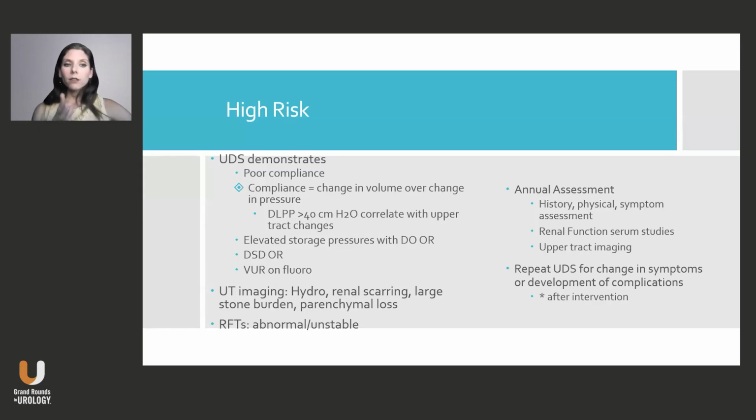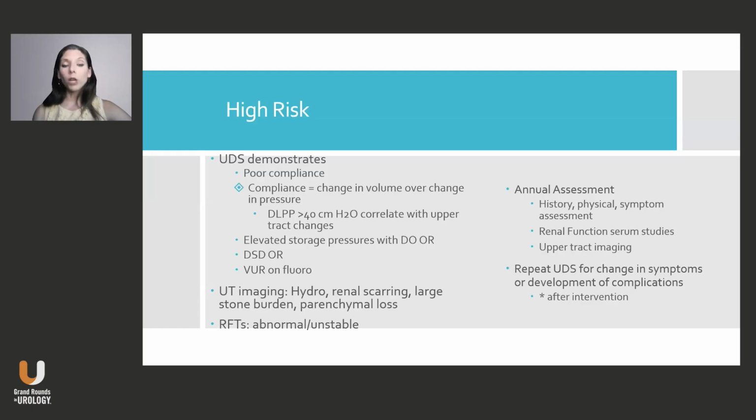We consider that calculation of 20 mLs, so being able to accommodate 20 mLs of fluid increase for every 1 centimeter of pressure change, to be considered the borderline of normal. Less than 20 is to be considered abnormal. And if you're not doing a ton of urodynamics, you don't necessarily need to remember all of these specifics, especially if somebody at your facility is actually reading those urodynamics for you.